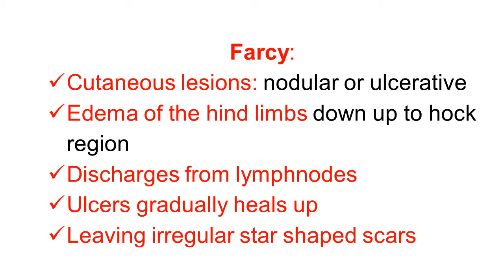ulcers gradually healing up, and after healing, it leaves a characteristic irregular star-shaped scar because there is formation of scar and contraction of the connective tissue. This leads to an irregular star-shaped scar. This is the characteristic of the disease.